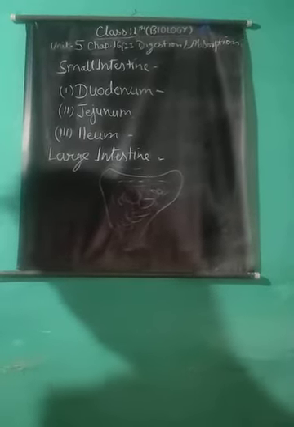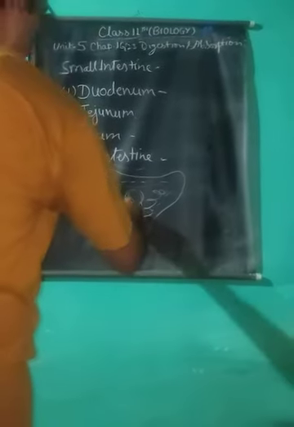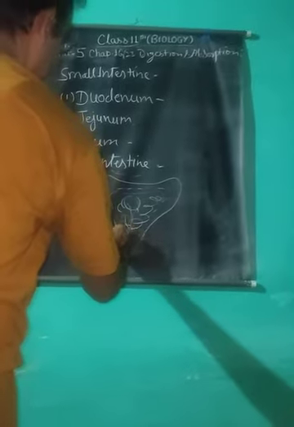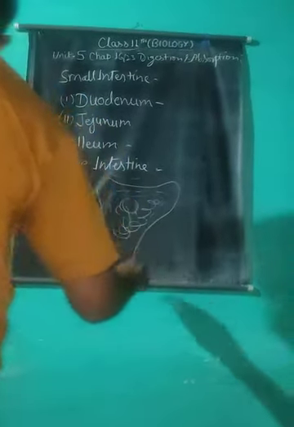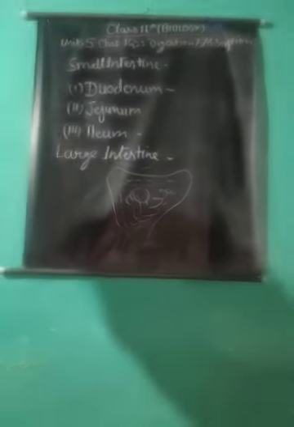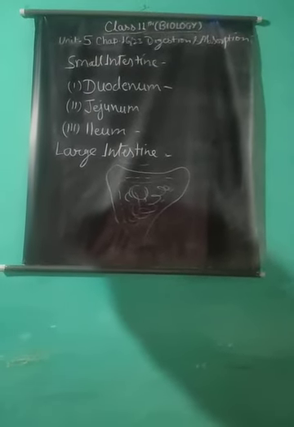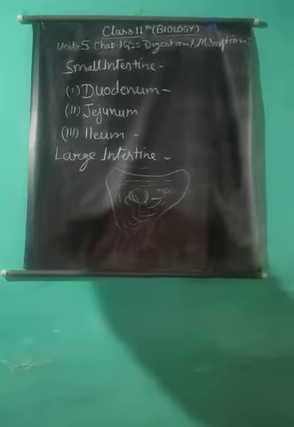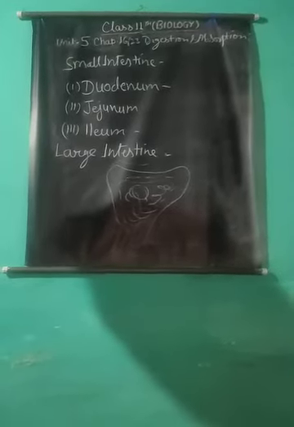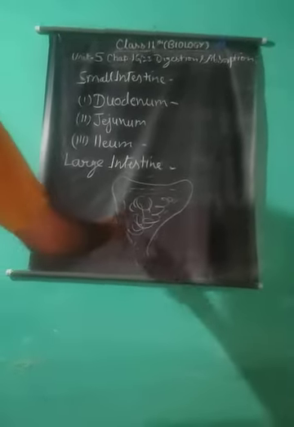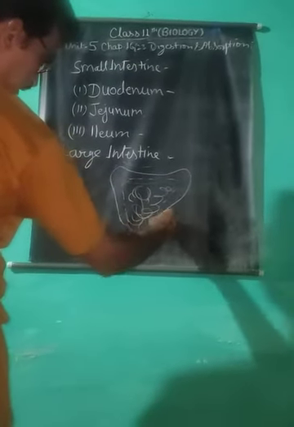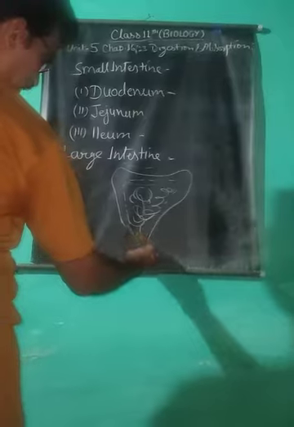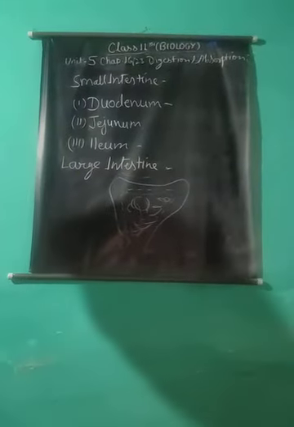Colon is a U-shaped tube divided into 4 parts. Cecum is a small part and then colon. It has ascending colon, transverse colon, descending colon and sigmoid or pelvic colon, which open into rectum.